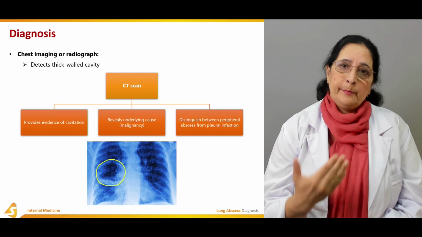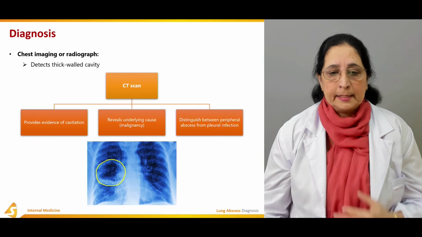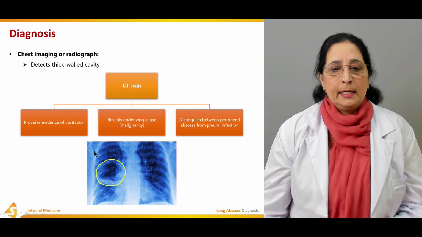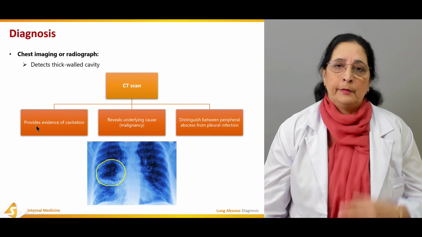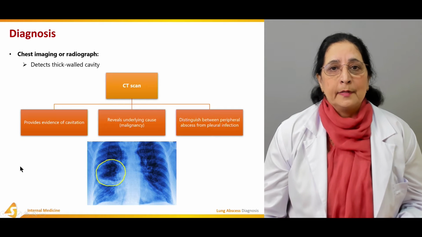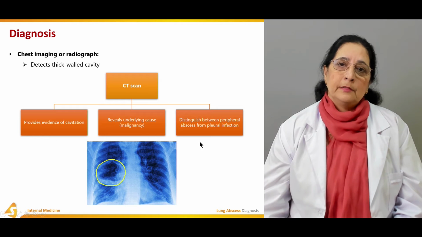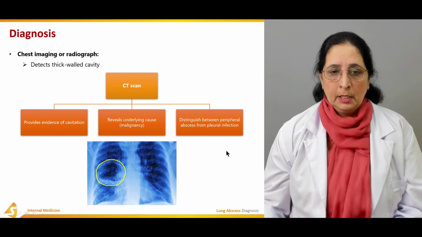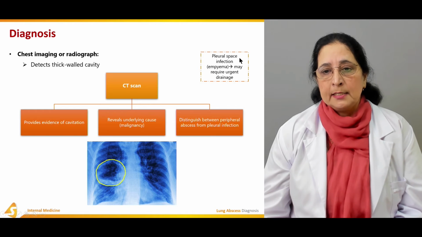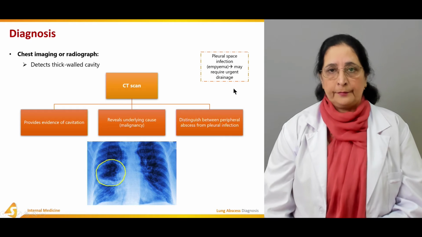So diagnosis can be from the chest X-ray and the CT scan. Chest X-ray detects the thick-walled cavity, and the CT scan can provide whether a cavity is present, reveals if there is malignancy, and differentiates the peripheral abscess from the pleural infection. So two diagnostic tools are the chest X-ray and CT scan. Pleural space infection like empyema may require urgent drainage of the abscess.